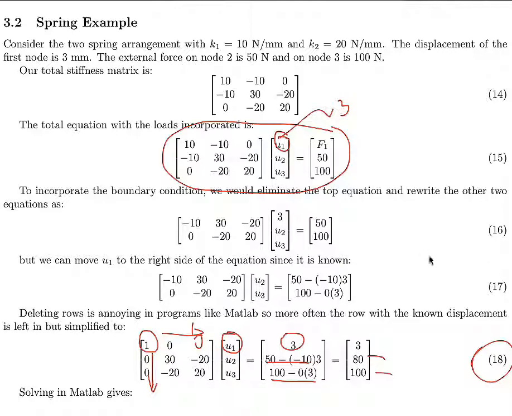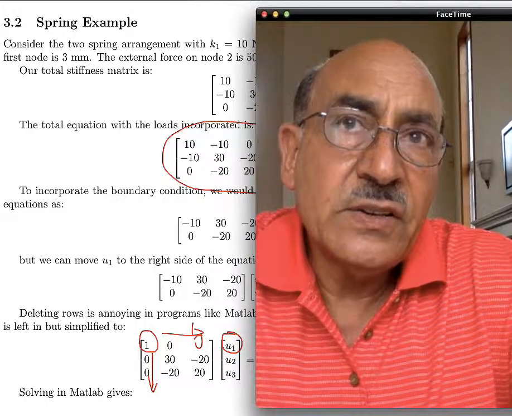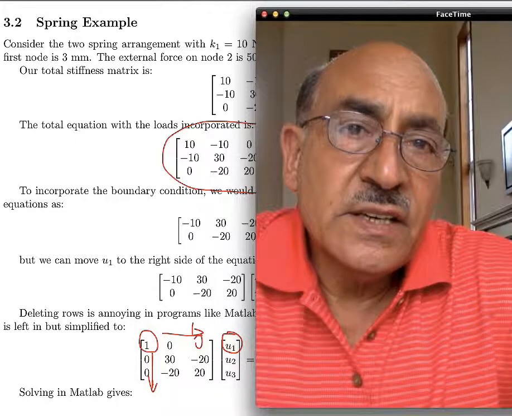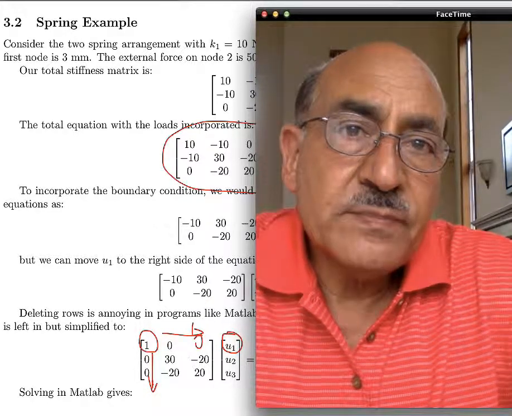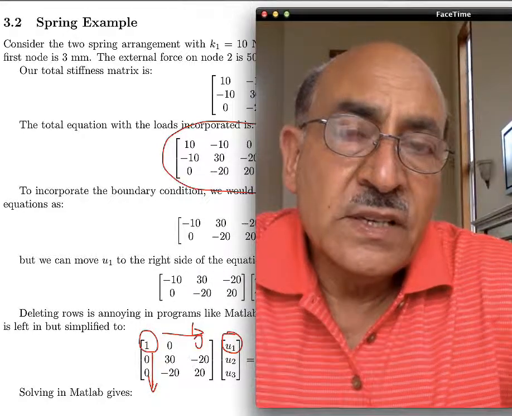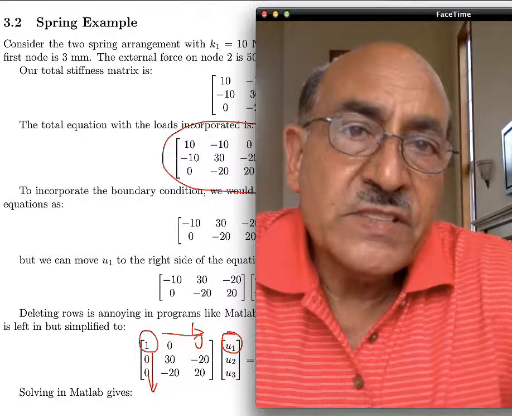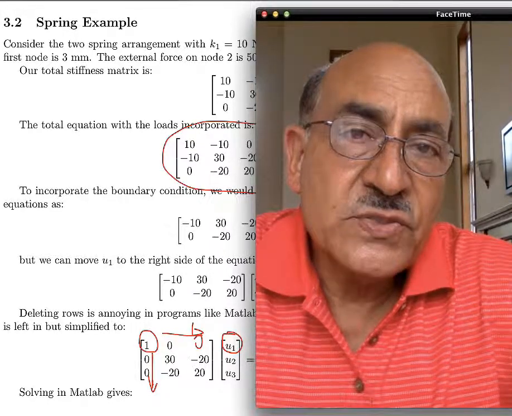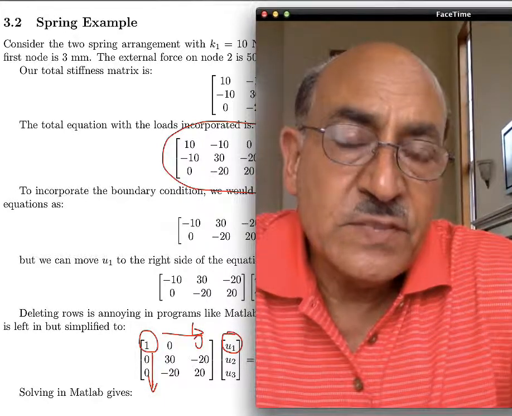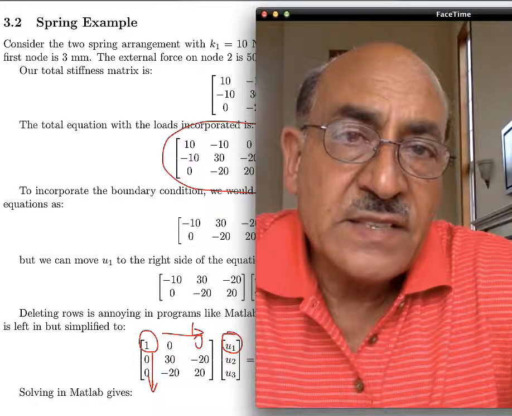So to summarize here, if I know any component of the force vector, I just put it on the right hand side. But this will give us no useful solution, because it will translate the entire set of springs in a rigid body motion. So we will have to fix the set of springs at some point. We have to give it either zero displacement at some node, or a given displacement at some node.